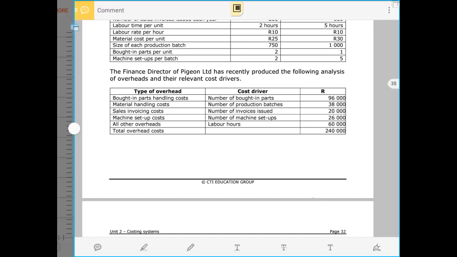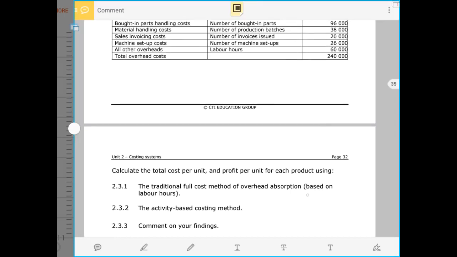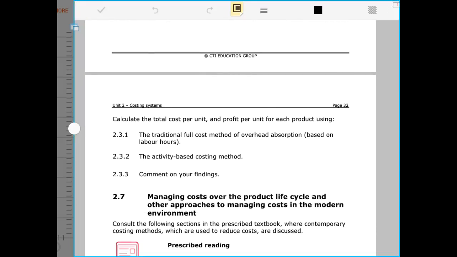So now let us go to the requirements. It says calculate the total cost per unit and the profit per unit for each product using the traditional full cost method.